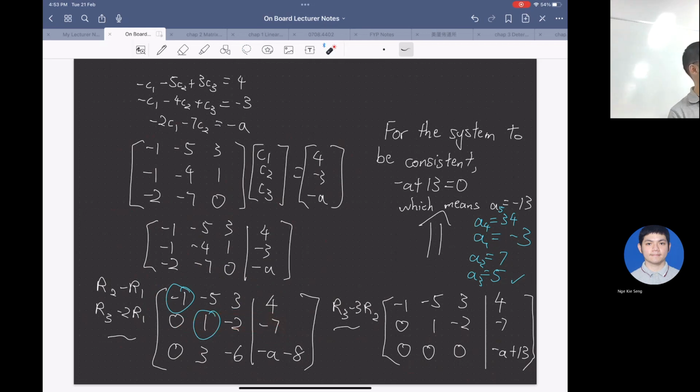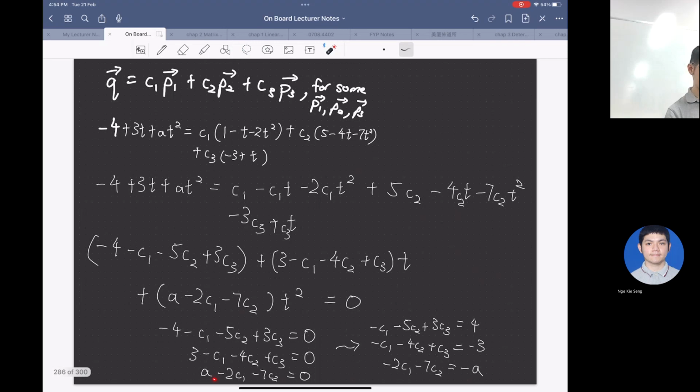Which row? Oh, okay. Here. Okay. Isn't it 4 minus 3a? You mean this one is positive? But here, isn't it? Then what happened here?